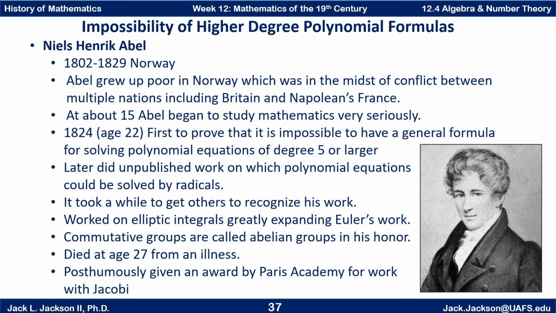So basically, from 22 to 27, or from let's say 20 to 27, he did most of his work. So a very short period of working on mathematics, and yet was able to accomplish some things that people had been unable to do for many years, and made some significant progress there.